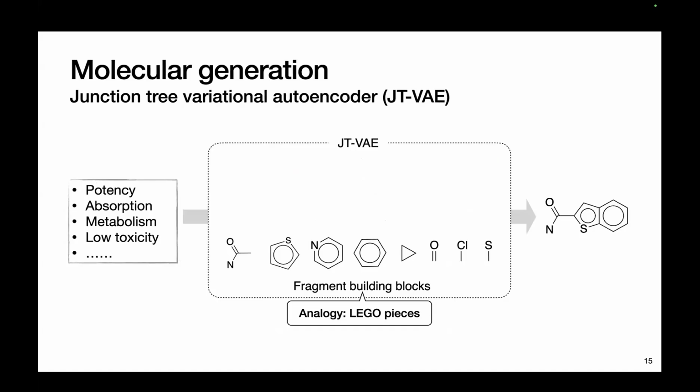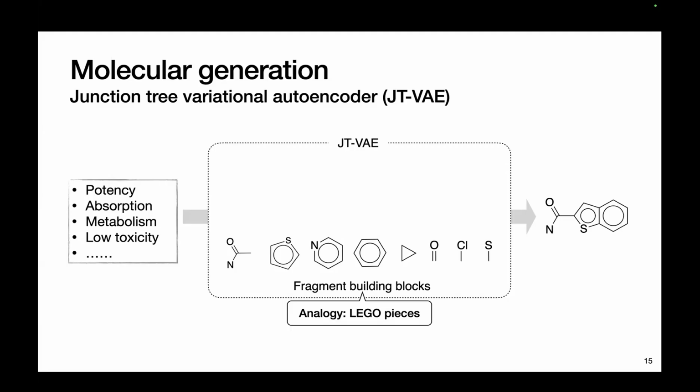So in terms of molecular generation, I know there are actually a lot of molecular generative models these days, and in this context, we used a graph-based generative model called junction tree variational autoencoder that operates on fragments, right? If you're not familiar with small molecules, you could imagine all these functional groups or fragments as some sort of Lego pieces, right?